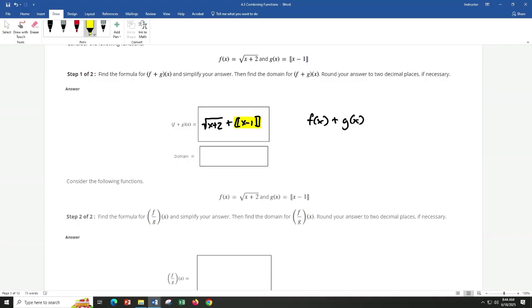Yeah, the square root. The square root has a restriction. So you got to come in here and go, okay, well, the domain is going to be, well, I have the square root of x plus 2, which means this guy right here, x plus 2, has to be greater than or equal to 0. So you get x is greater than or equal to -2, which means my domain is this. Does everybody understand how I got it that way? Okay.